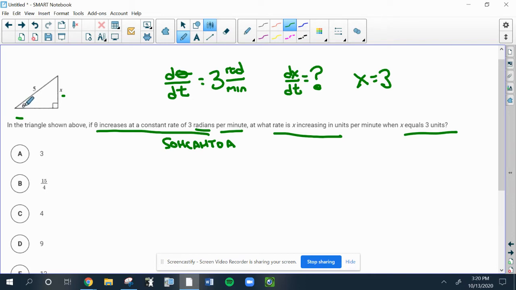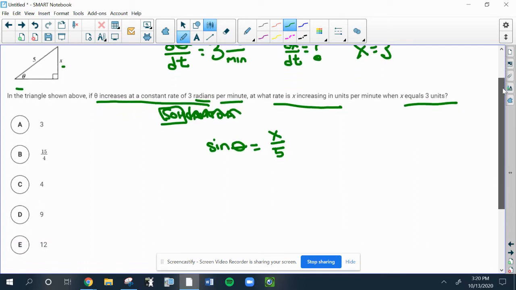We're going to look for the relationship that relates the angle with its opposite and hypotenuse. There we go. Sine. So we're going to start out with this equation. This is our regular equation like we always do. Sine theta is equal to opposite over hypotenuse.